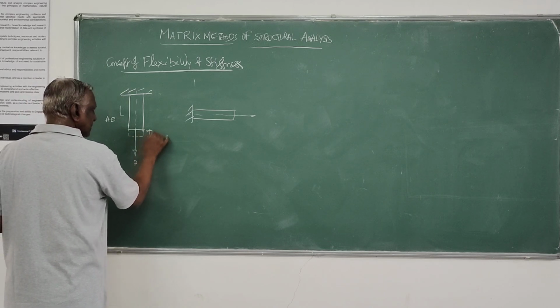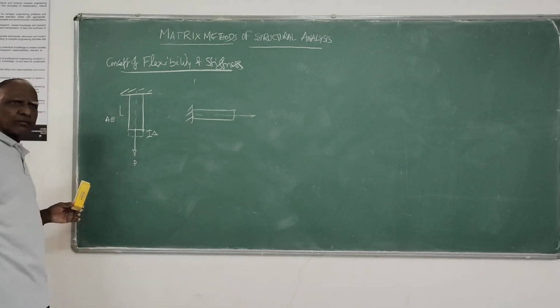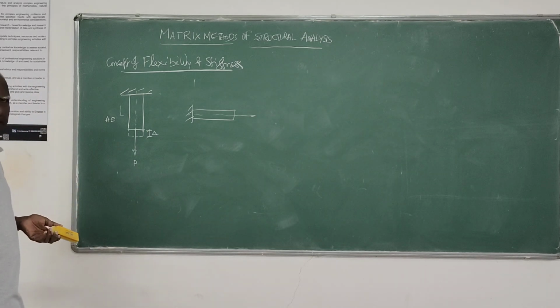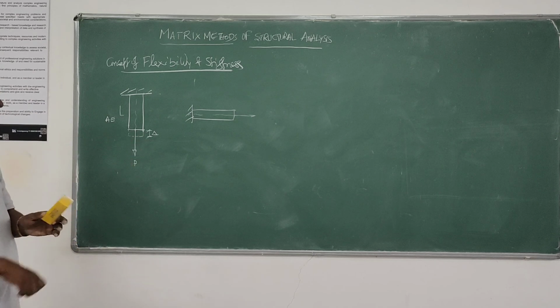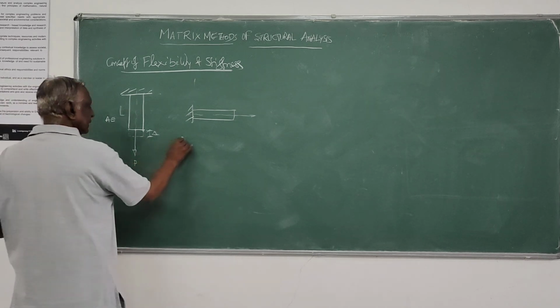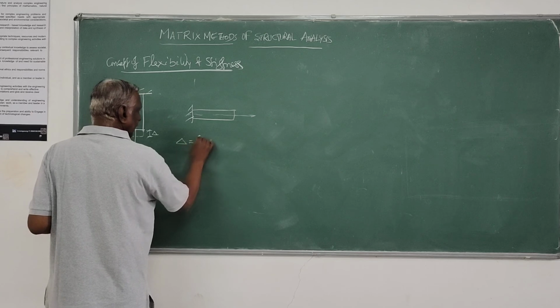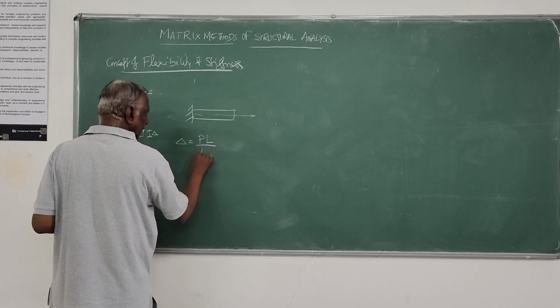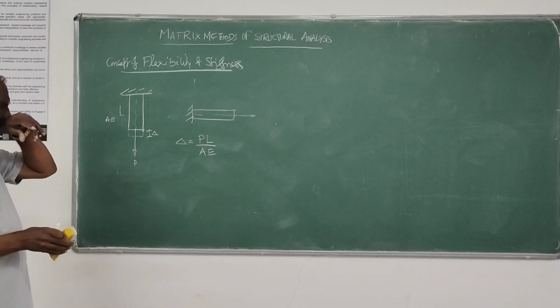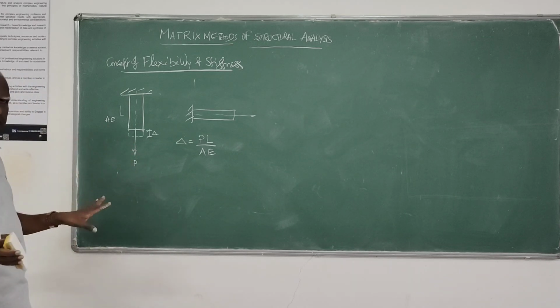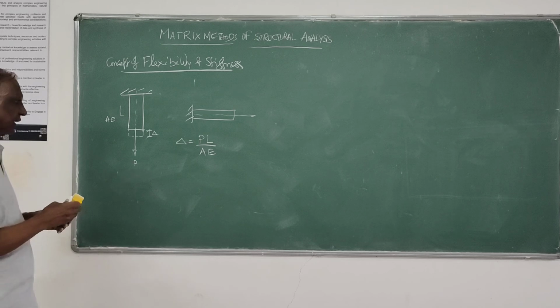This is a small basic problem which you have already solved in strength of materials. A bar subjected to an axial load results in an axial deformation, and this deformation you can derive as PL by AE. Correct? PL by AE. This you have already derived. I need not go much into the detail.